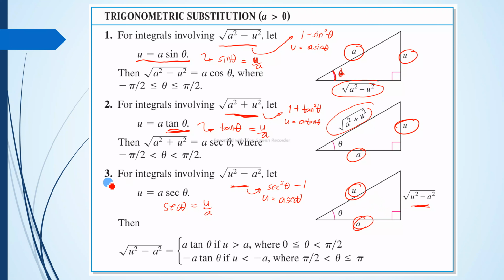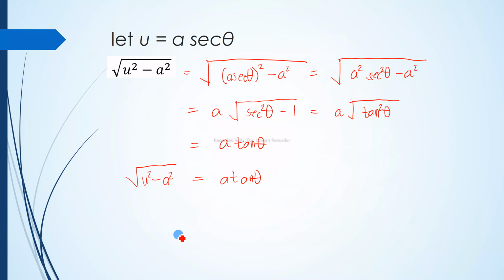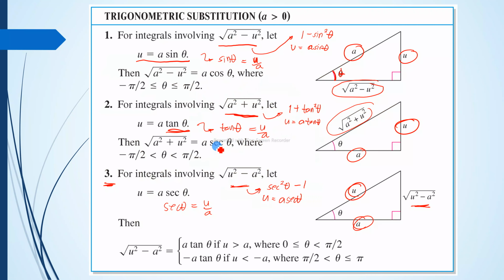Now, keep in mind that for the third type, the square root of u squared minus a squared, if we look back at the last one, that is a tangent squared theta, and we know that if we extract the square root, we will have two values: the positive and the negative. So here, we have a positive a tangent theta and a negative a tangent theta. When are we going to use a tangent theta and the negative a tangent theta?